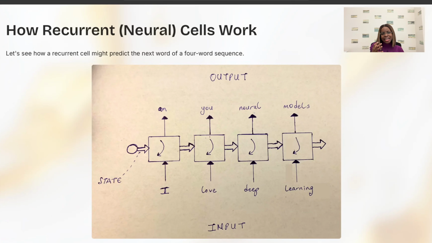Because as we ignore the initial predictions and it continues to learn, it's able to understand the context better and say, okay, from my previous states, it seems like this word, models, would be a better fit than any other word I would predict.